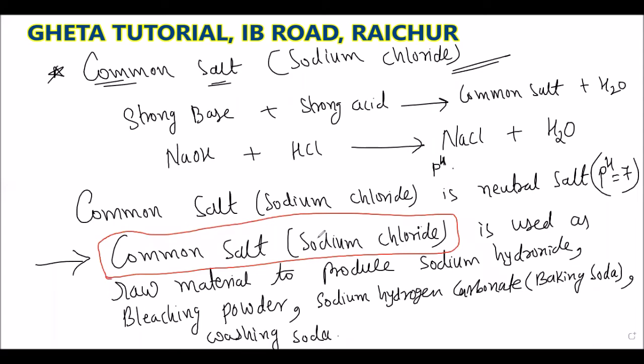So common salt has a lot of uses. Common salt is used to produce sodium hydroxide, bleaching powder, sodium hydrogen carbonate, nothing but baking soda, and washing soda. We will learn how to produce each of these with the help of sodium chloride.